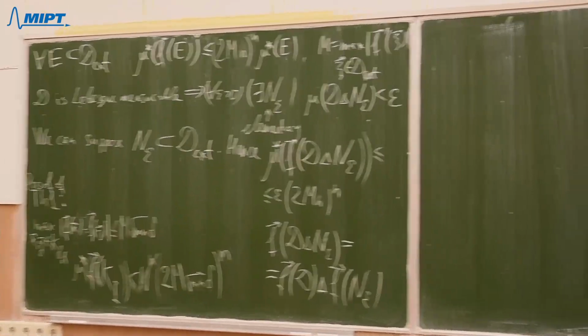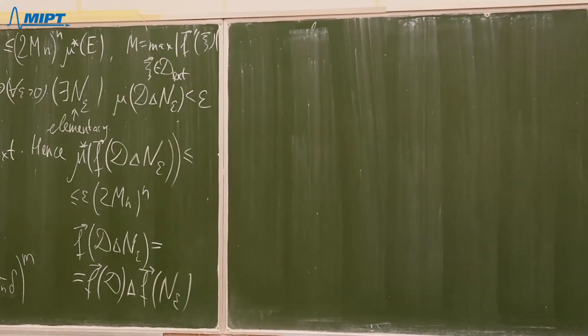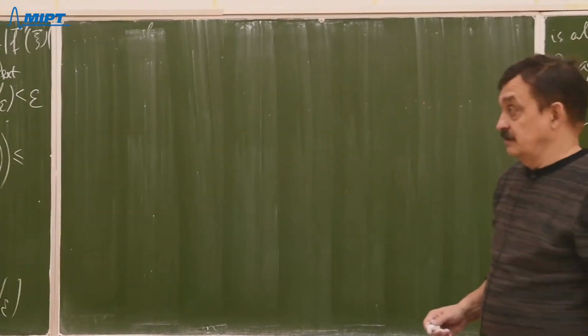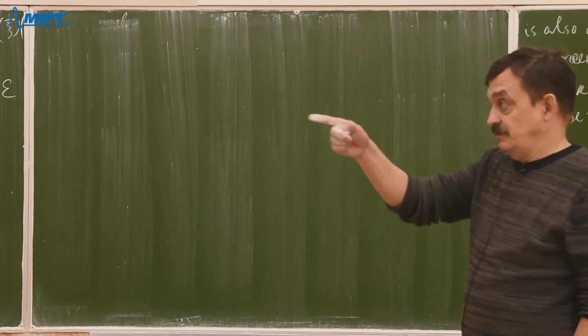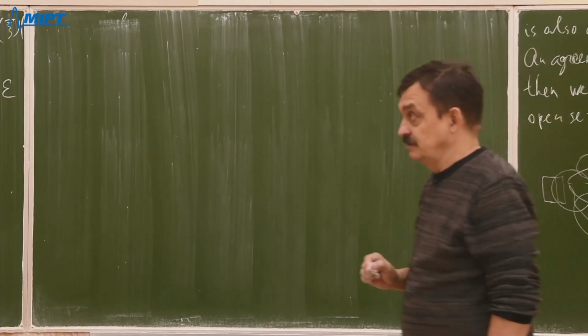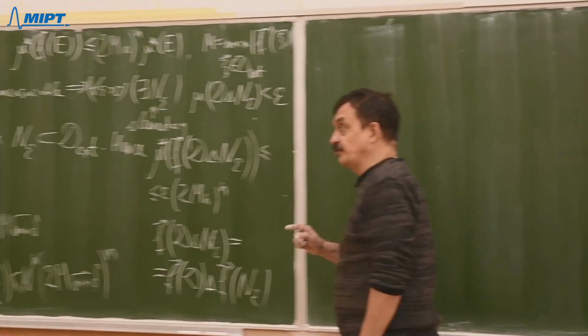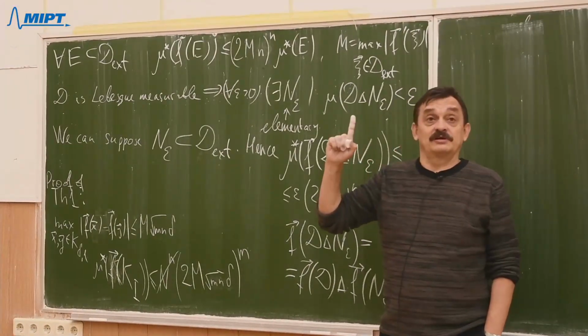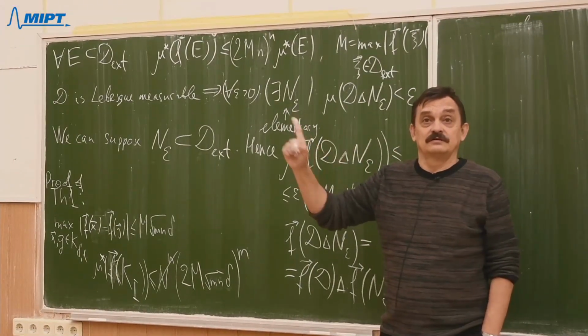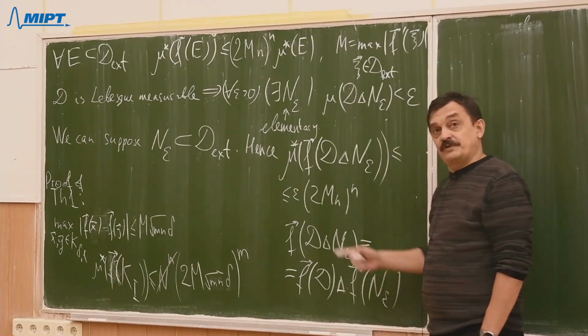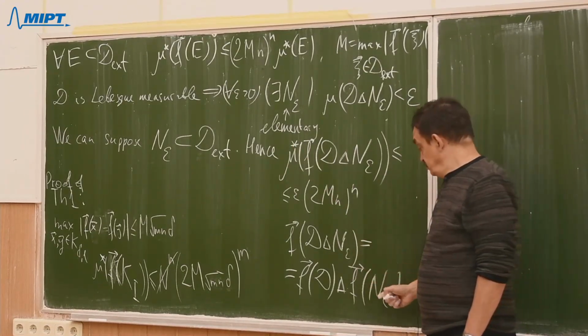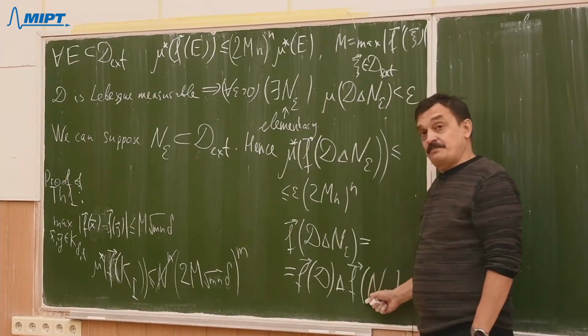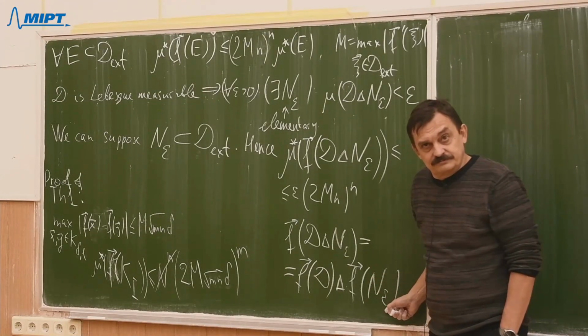Now I refer to this observation, which was given for an arbitrary elementary set, right? But now I want to apply this observation to our set capital N epsilon, right?